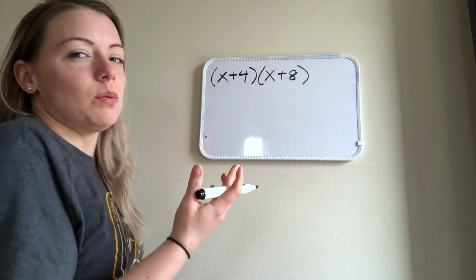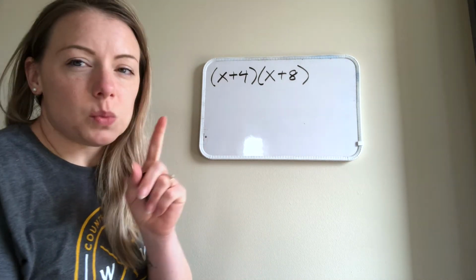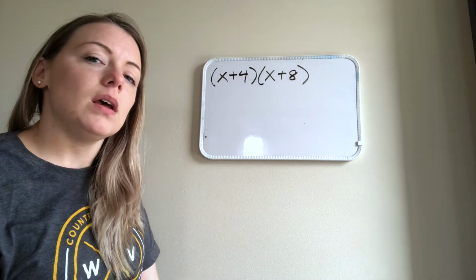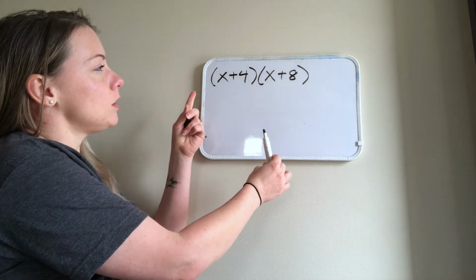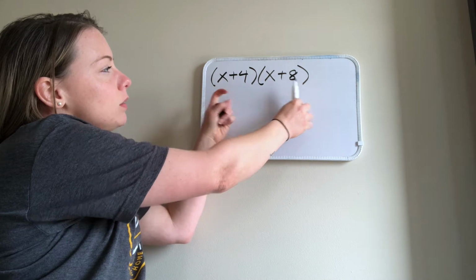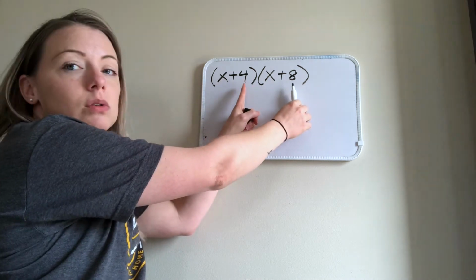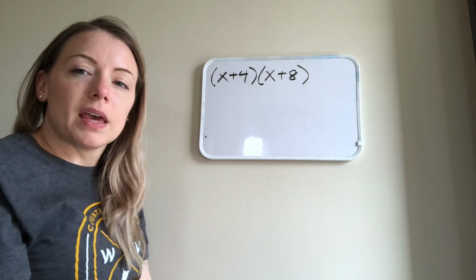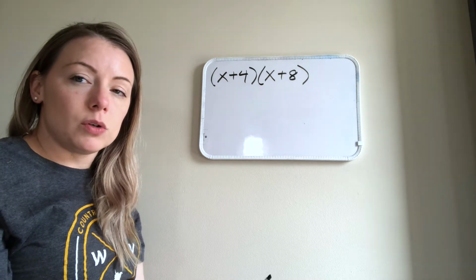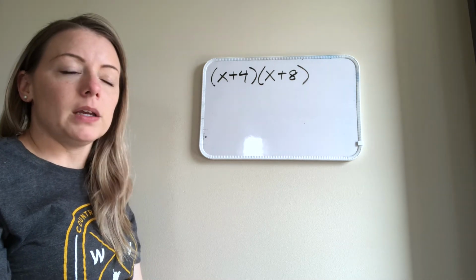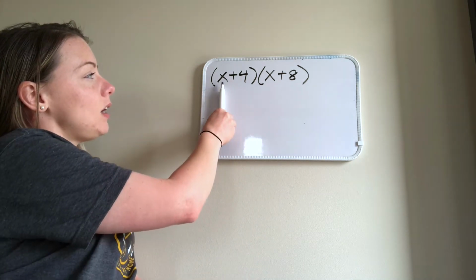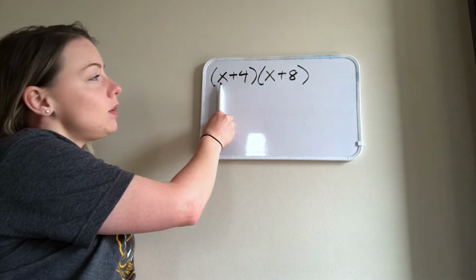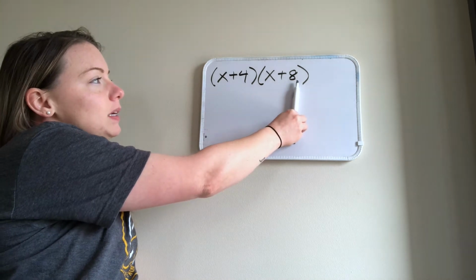All right, so we learned 2 ways to do this. One was our foiling method, which was taking the first terms, the outer terms, the inner terms, and then the last 2 terms to multiply. Then we talked about the distributive property, where we would take the first term of our first binomial and distribute it to each piece.